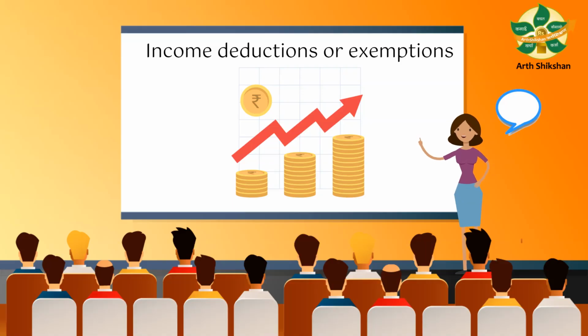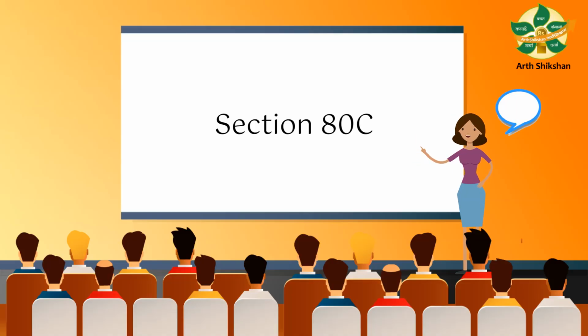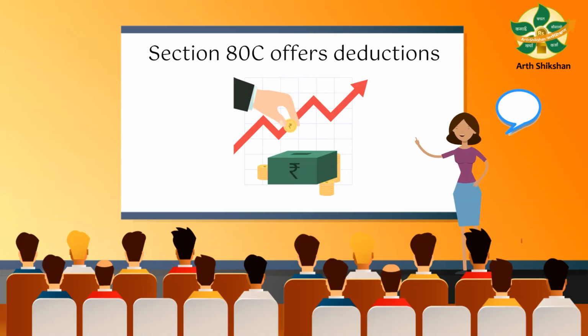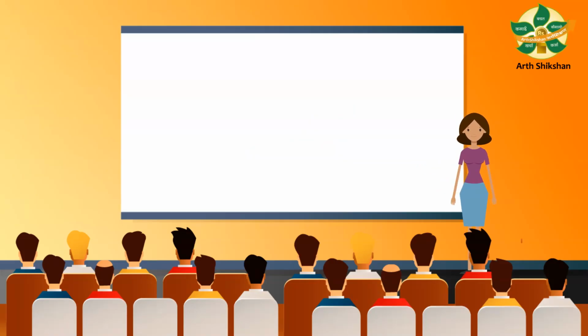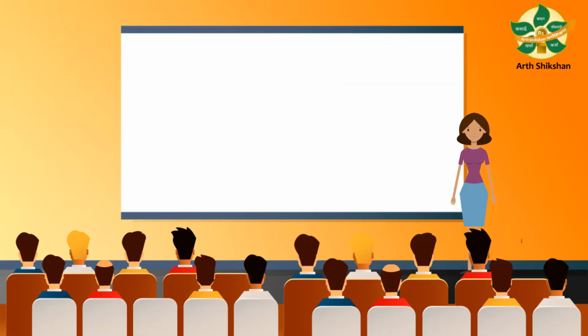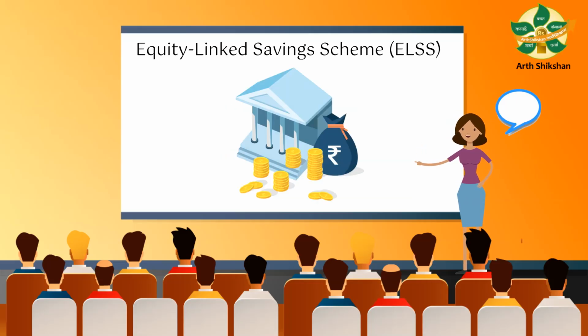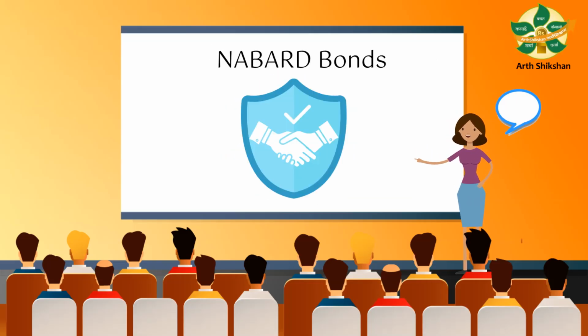Now, let's explore the possibilities of deductions or exemptions on taxable income under Section 80. Section 80C provides a range of investments and expenses that qualify for deductions. These include Public Provident Fund, Employees Provident Fund, 5-year post office time deposit, National Savings Certificate, Sukanya Samruddhi Scheme, Equity Linked Savings Scheme, and NABARD bonds.